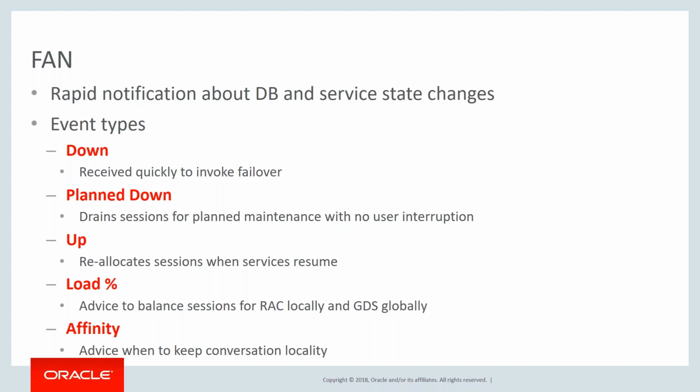What you might want to do is bring another couple of RAC nodes to the cluster, and when that happens, an up message gets sent to ODP.NET to say, hey, there are 2 additional RAC nodes available that your application can use. And ODP.NET will start allocating more users as they connect to the application to those RAC nodes, rather than to the ones already being heavily loaded down by existing use.